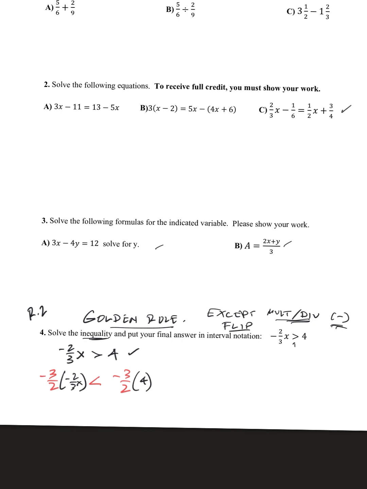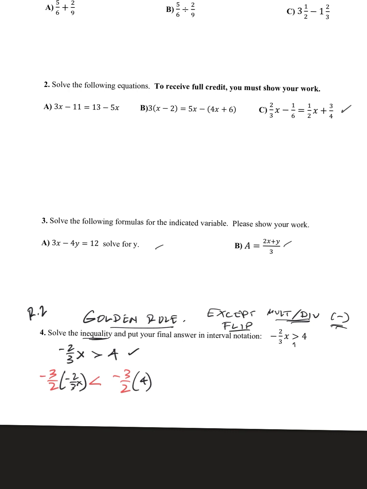So I essentially have the same inequality. I multiplied both sides by a negative, in this case negative 3/2, so that causes me to flip the sign right there. If we'd multiplied both sides by a positive 3/2, we'd have left the sign alone. So again, that exception: we flip the sign if we multiply or divide by a negative.